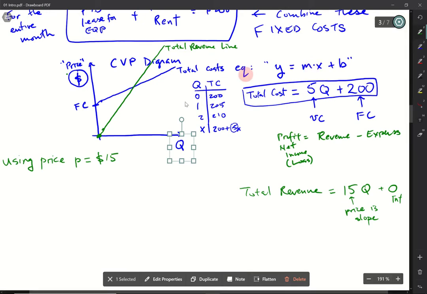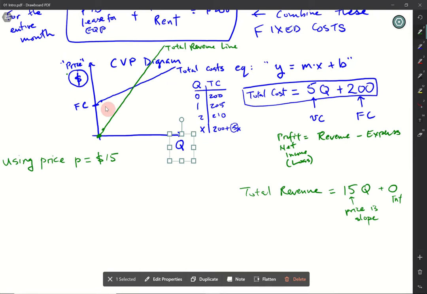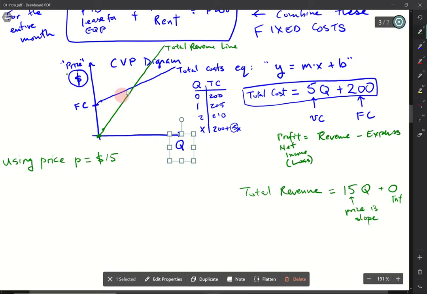So what can you say about this region over here? In this region, the costs have what relationship to the revenue? Right, the fixed costs start out, in this case, at 200, right?